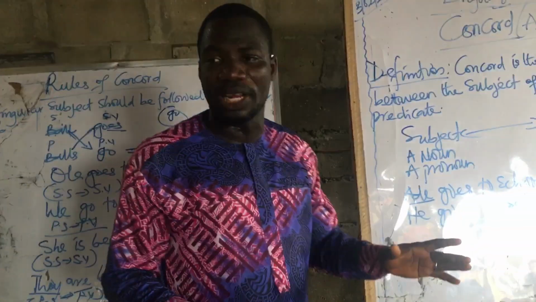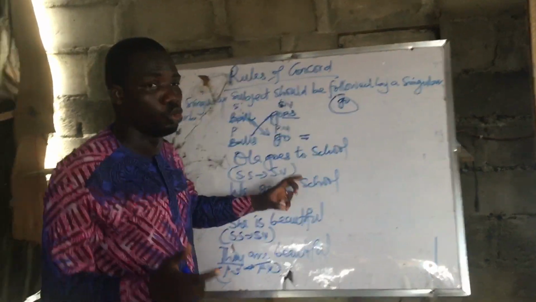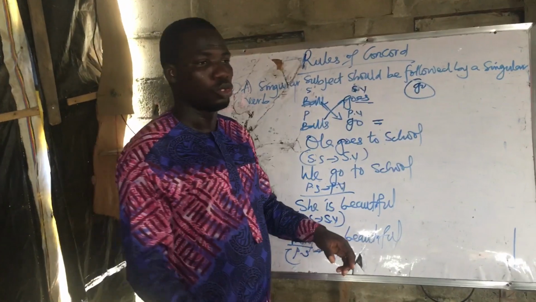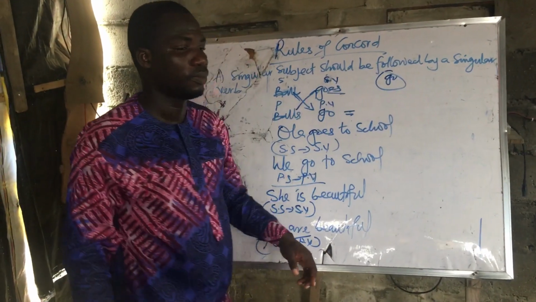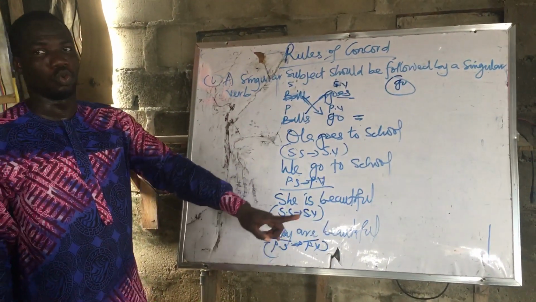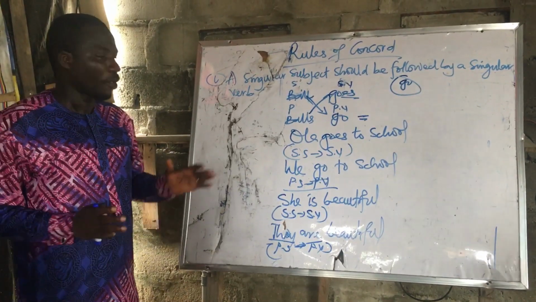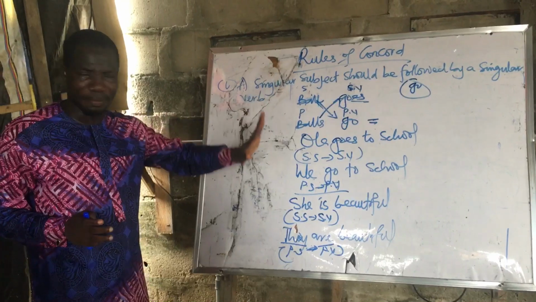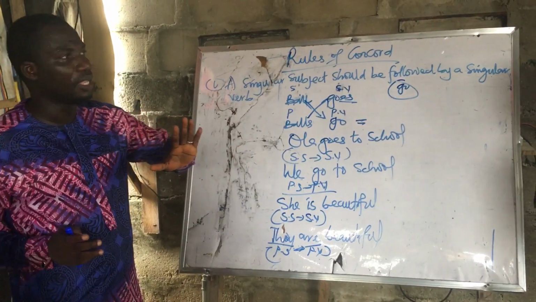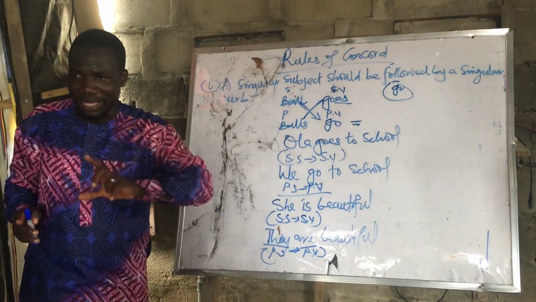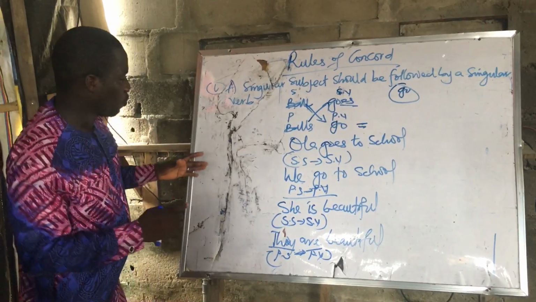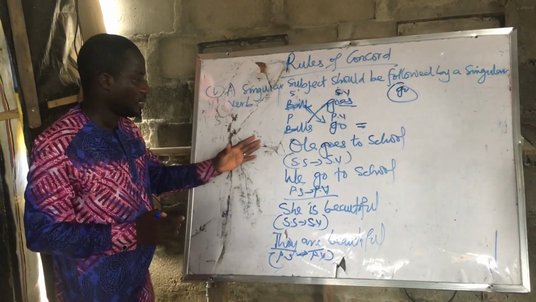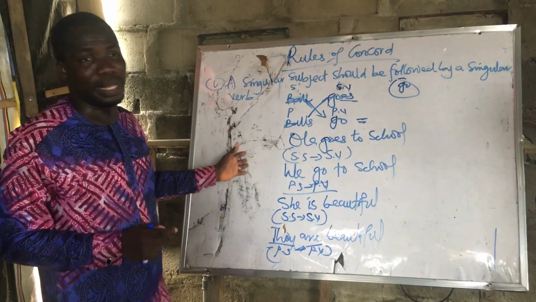Then we quickly move to rule number 2. If a singular subject goes with a singular verb, definitely something else should be there. We've had singular subjects, and even rule number 2 has been explained here.